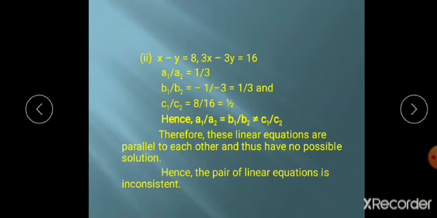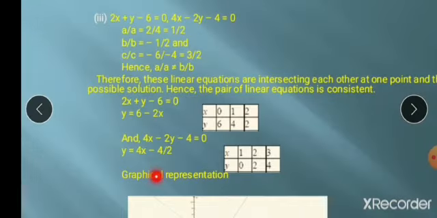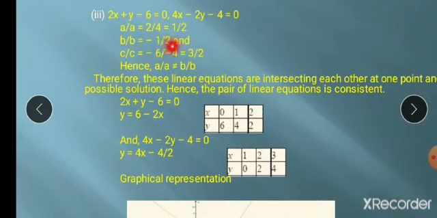Now let me see another example, the third one. 2x plus y minus 6 equal to 0, 4x minus 2y minus 4 equal to 0. Compare the same way, and you will get A1 by A2 is not equal to B1 by B2. When it is not equal, then you can proceed with the graph, because it is an intersecting line and it is consistent.